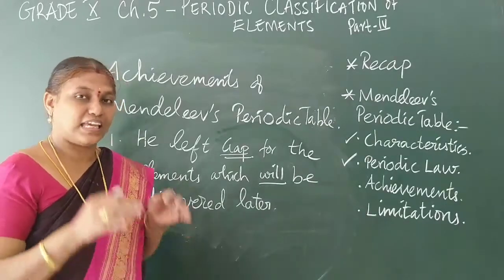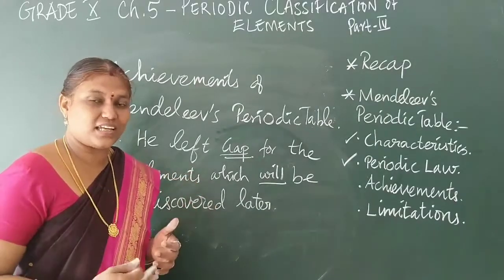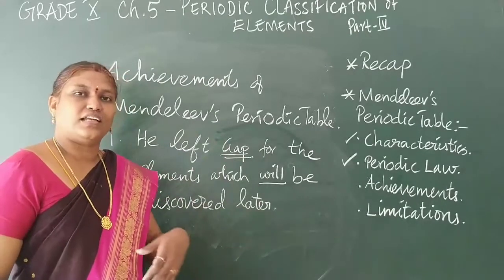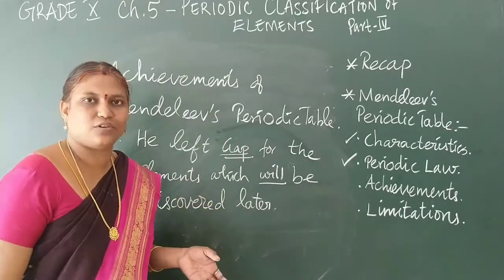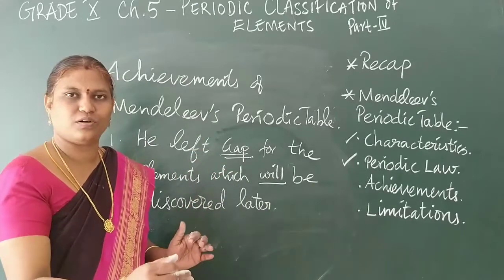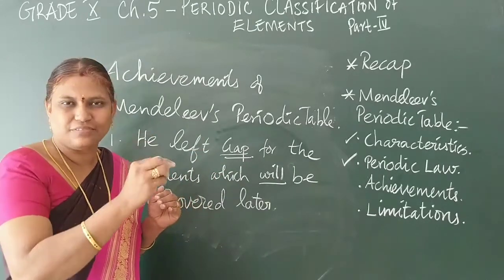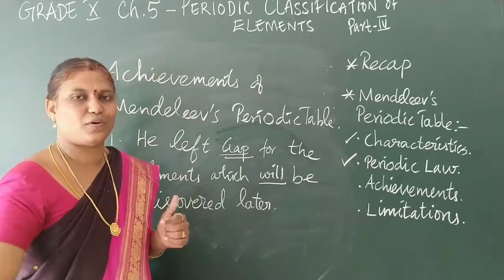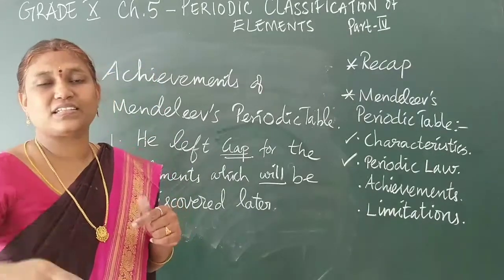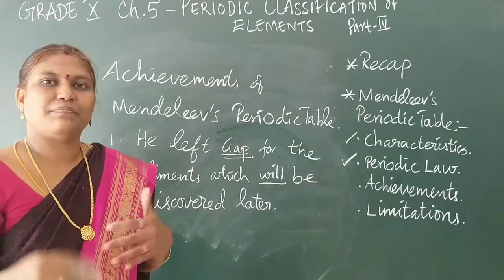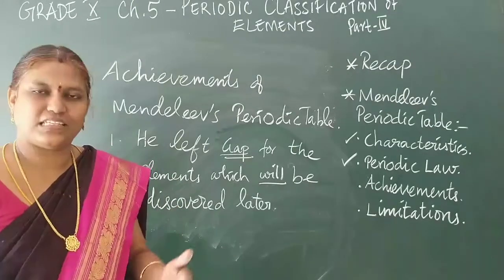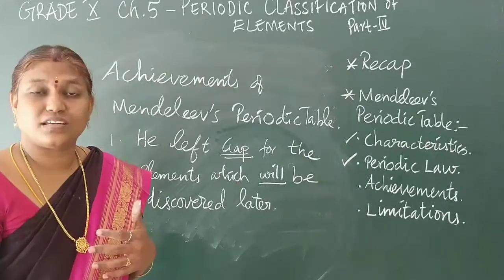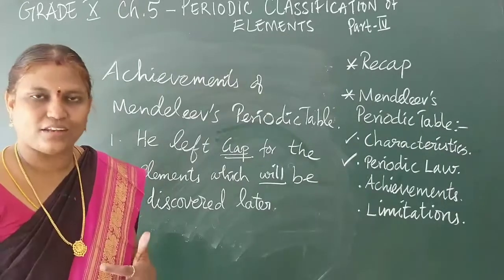That means what? He predicted that in future it will be helpful for the scientists. Whatever he has grouped, and what he left, those elements will be discovered, and they will have similar properties. So he predicted the future, and he gave a path, an idea, for the future generation that elements are there, you have to discover.